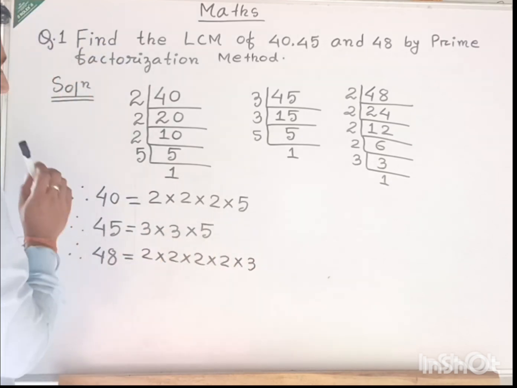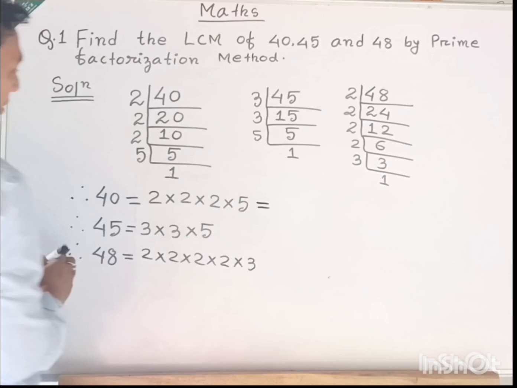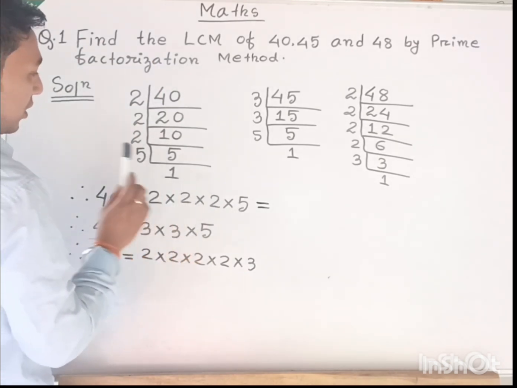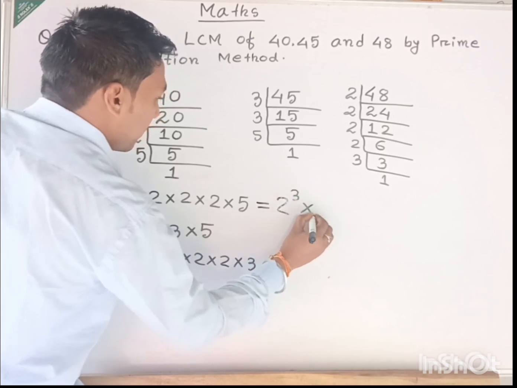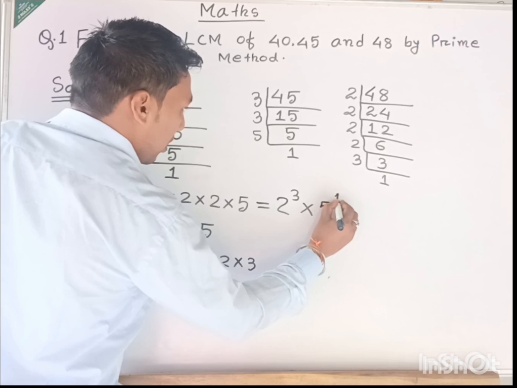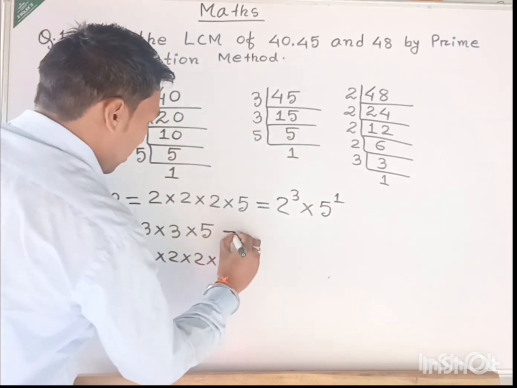After writing these factors, now write them in power form. In the case of 40, we have three 2s, so write 2 to the power 3 into one 5, so 5 to the power 1. Now write for 45 also.